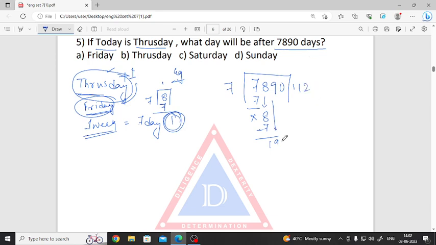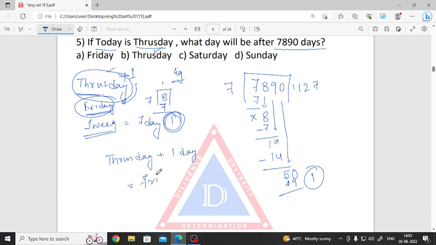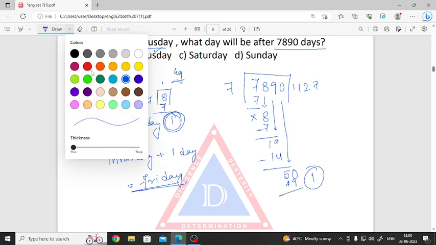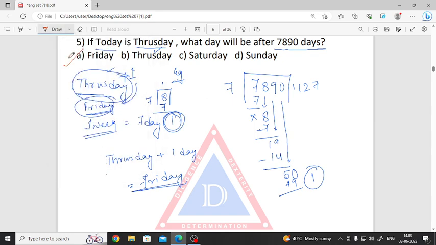Then 7 twos are 14, 5. Then this 0 also comes down. And 7 sevens are 49. So what is the remainder? Remainder here is 1. So what is today? Today is Thursday. So Thursday plus 1 day gives us Friday. So the answer here is Friday. Hope you got it.